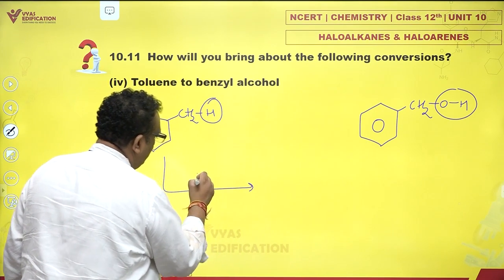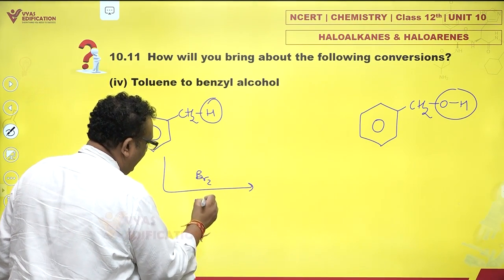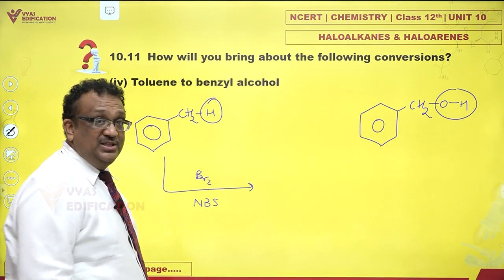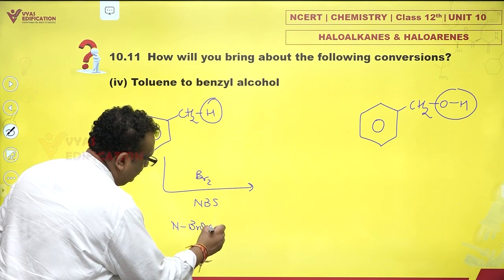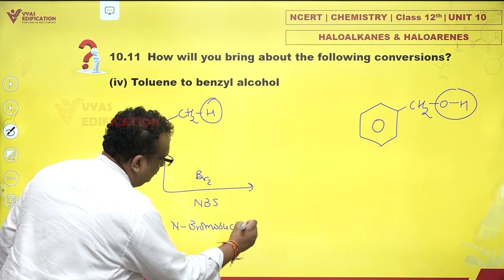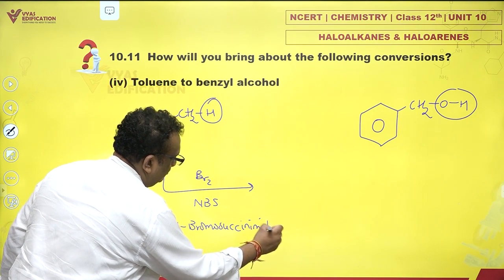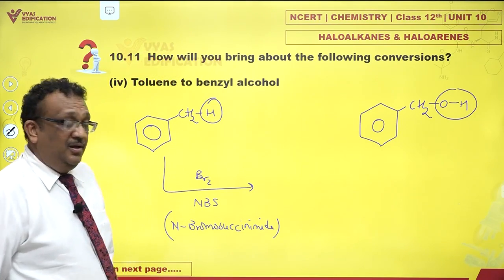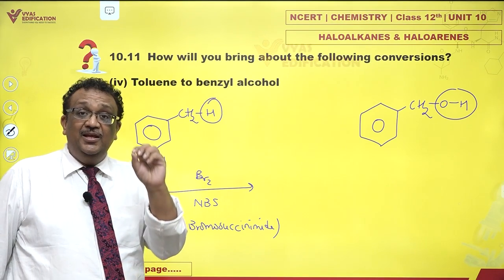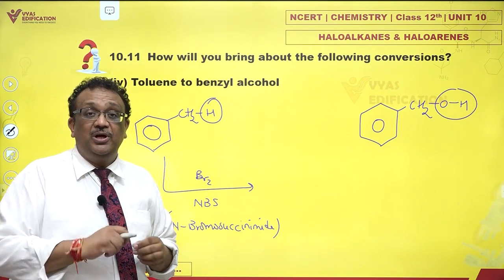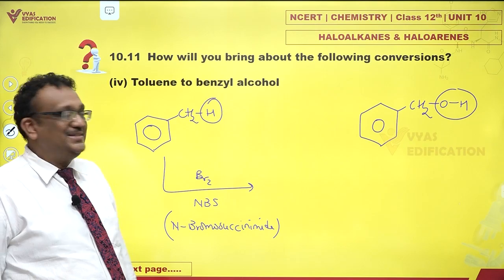What do? You use bromine with NBS. NBS is N-bromosuccinimide. And when you carry out this reaction, selectively bromine gets substituted at allylic or benzylic positions.